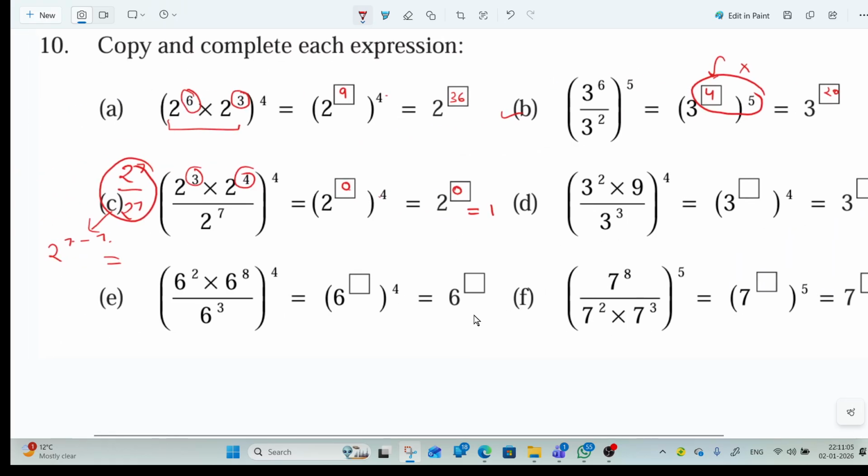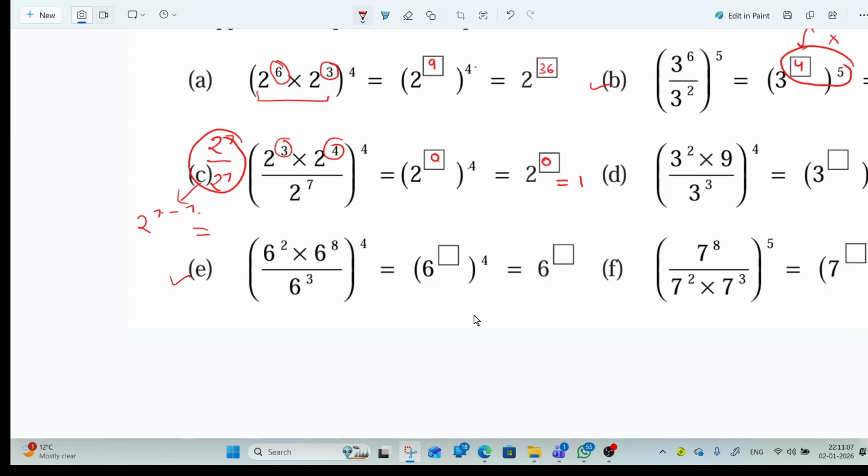Actually, let's do this one first. It is similar to A. I mean C. So 10 plus 3, 13. No, you don't have to add this. This is in the denominator. First, you solve the numerator, right? You got 10, and then this is 6 to the power 3. 7.